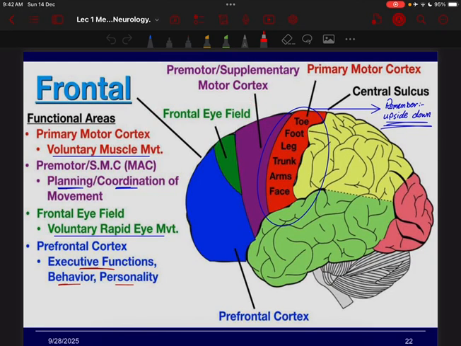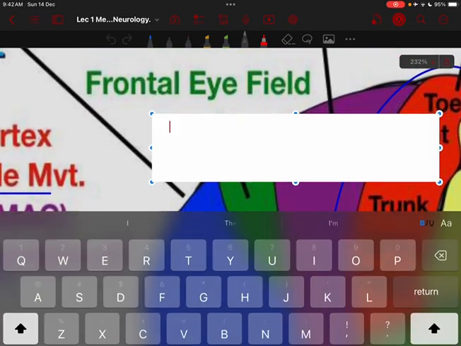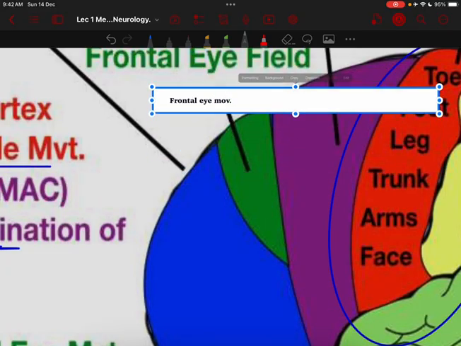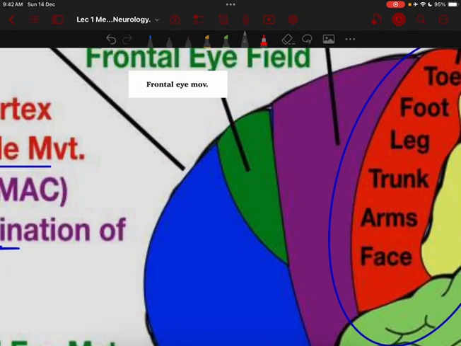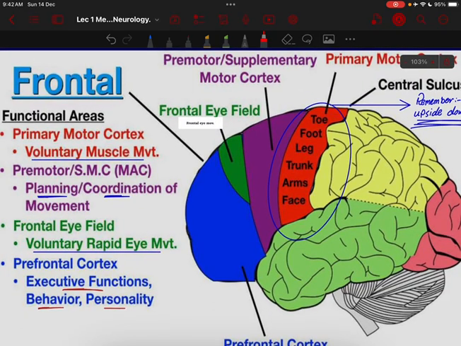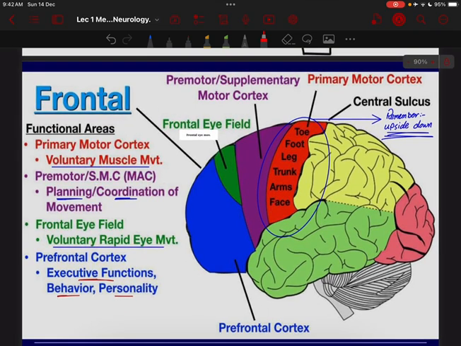For example, when you move your eye rapidly from right to left, it is through this center. Because we have two eye centers, one in the frontal lobe and the other in the back. These are the substructures of the frontal lobe.